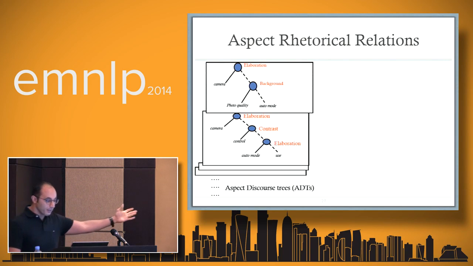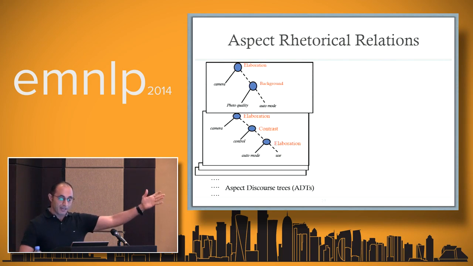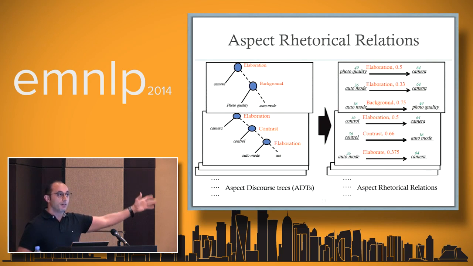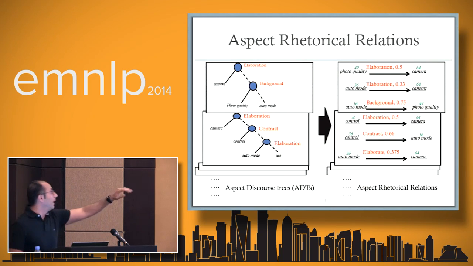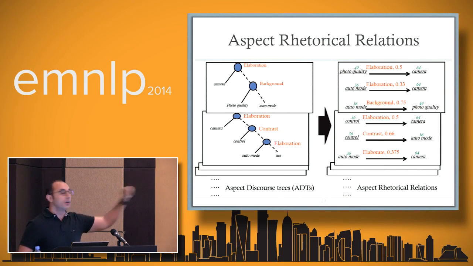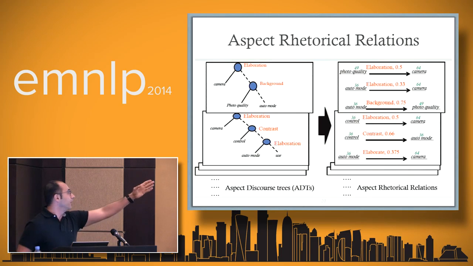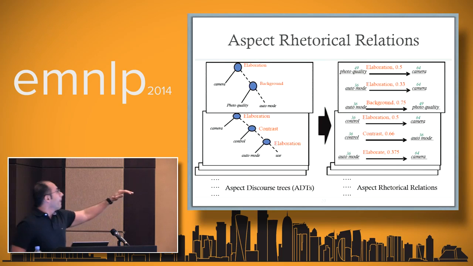So for this, we try to extract the relation tuples from the tree. We rate each relation by the position of the relation in the tree, and also by the proximity of the aspects that the relation connects. And then we have a set of relations for each aspect discourse tree.